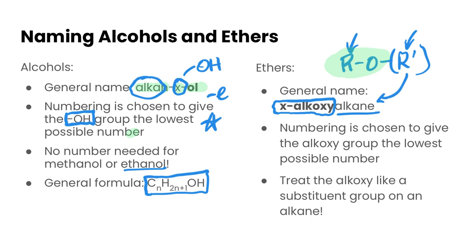That becomes a branch, so you name it like a substituent. The numbering is chosen to give the alkoxy group the lowest possible number, so that does take priority in numbering. Like I said, you treat the alkoxy like a substituent group on an alkane. So let's take a look at some examples.